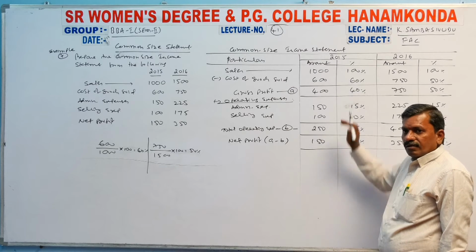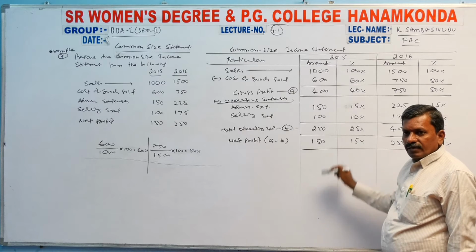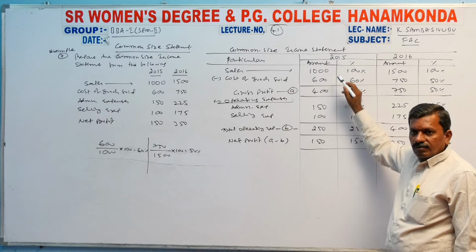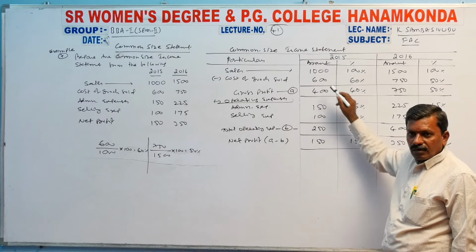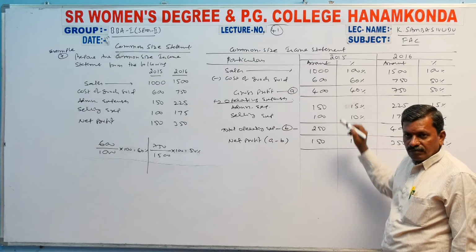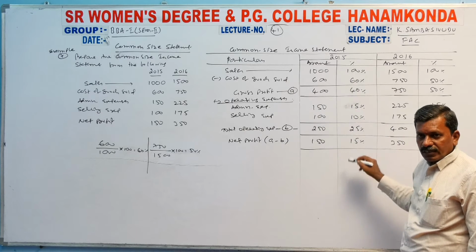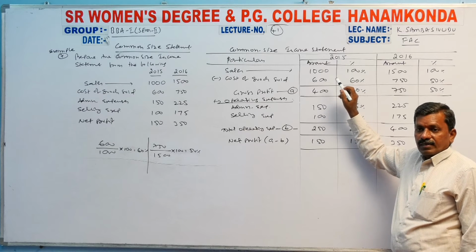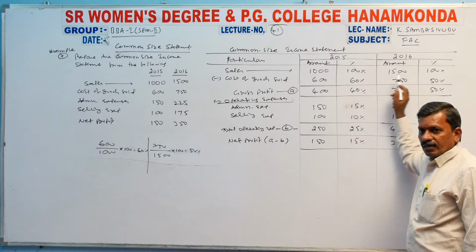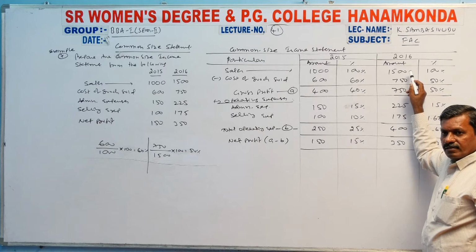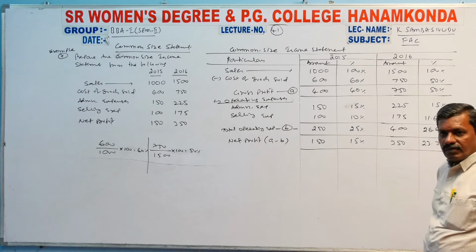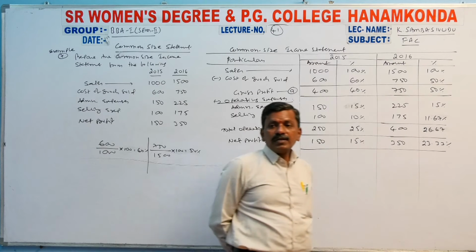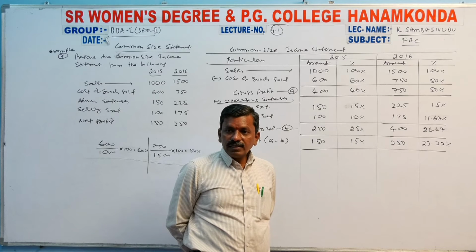In common size, the common is sales. Each and every item, what is the percentage in sales? So 600 divided by 1000, 400 divided by 1000, 150 divided by 1000, 100 divided by 1000, 250 divided by 1000, 150 divided by 1000. So in common size, the common figure is always 100%. That's why sales is 100%. Here also the same: 100% is sales, then 750 divided by 1500, 225 divided by 1500, 175 divided by 1500, then 400 divided by 1500, then 350 divided by 1500.